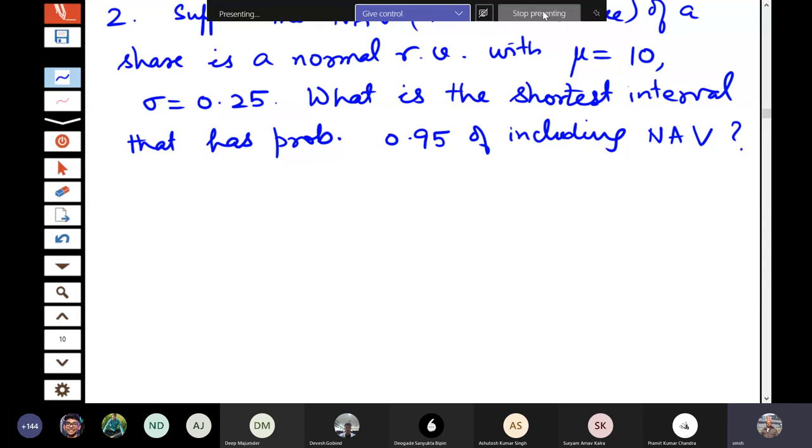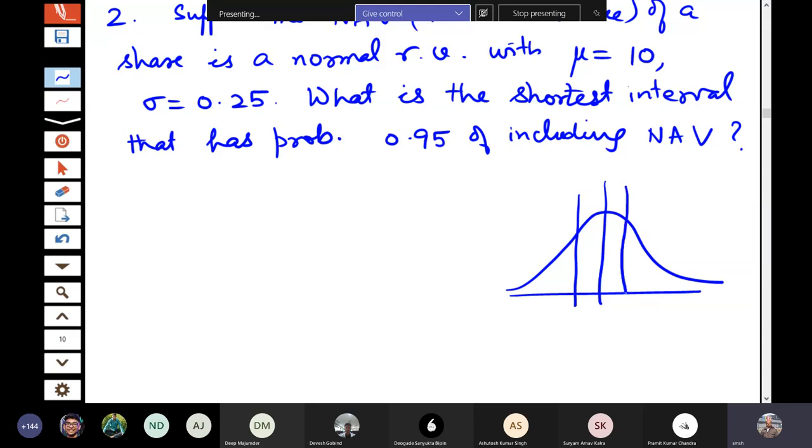Due to the nature of the normal distribution, the shortest interval will be symmetric around the mean. So suppose this is the mean 10.